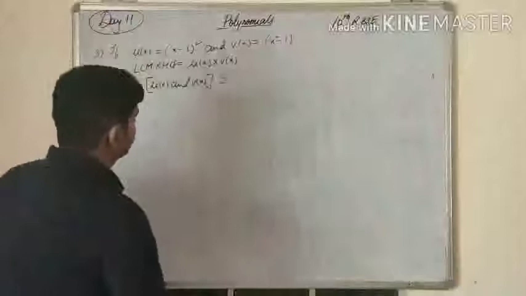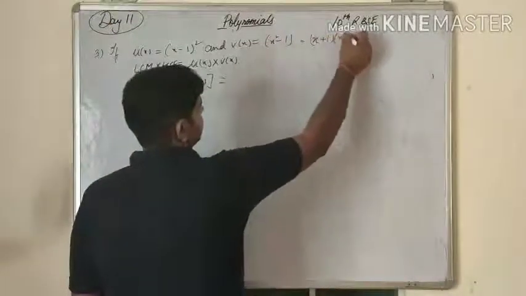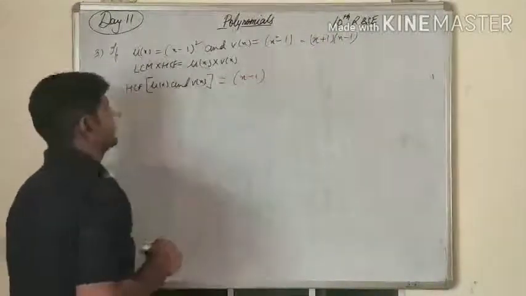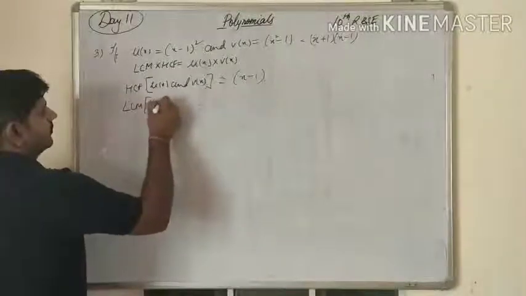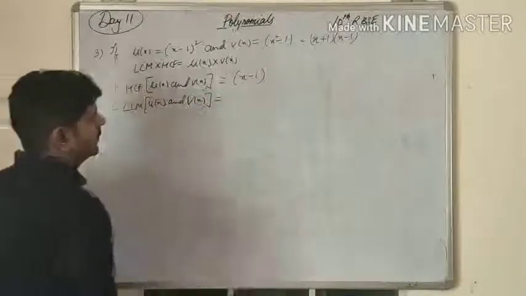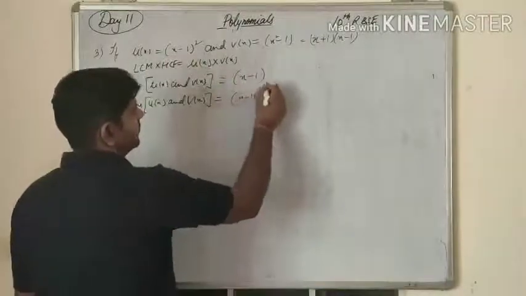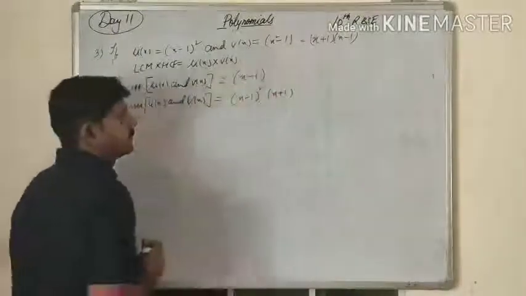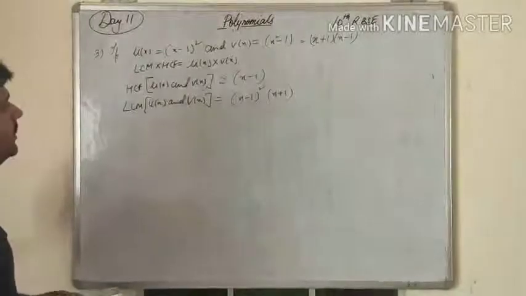So we can understand it can be written x plus 1, x minus 1. So there is the minimum power which is x minus 1. So HCF is this. If we find LCM, so highest power is this x minus 1 square, and there is x plus 1. So it will be the LCM.